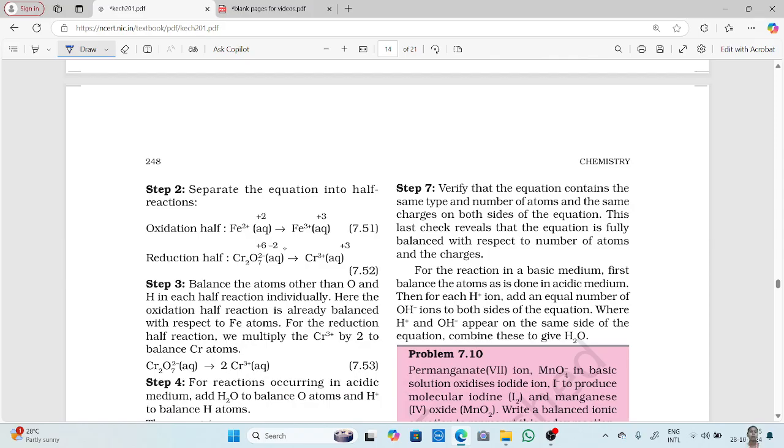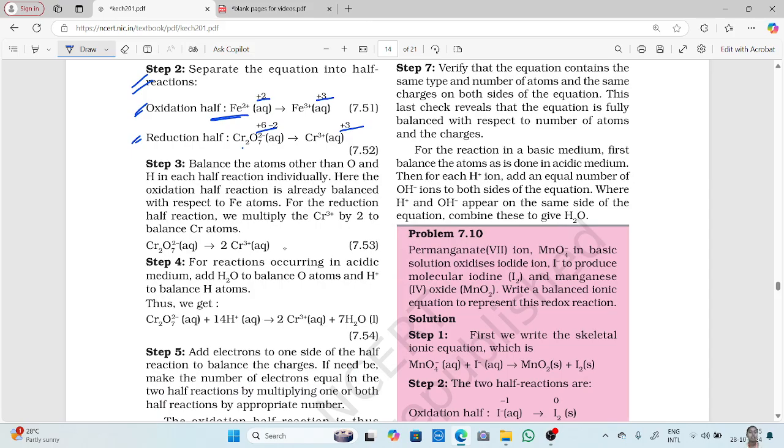Now step 2 is you have to separate them into half reactions, oxidation half and reduction half. Oxidation takes place in Fe because it is converted from +2 to +3, and reduction takes place in chromium because it is converted from +6 to +3. It is reduced and here iron is oxidized. Now we have separated the oxidation half and reduction half. Now balance the atoms other than oxygen and hydrogen in each half reaction individually.